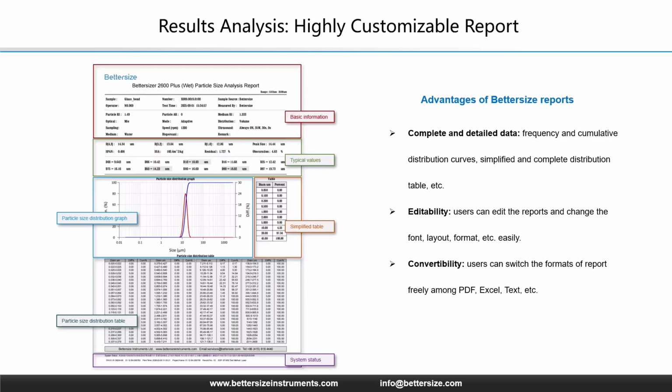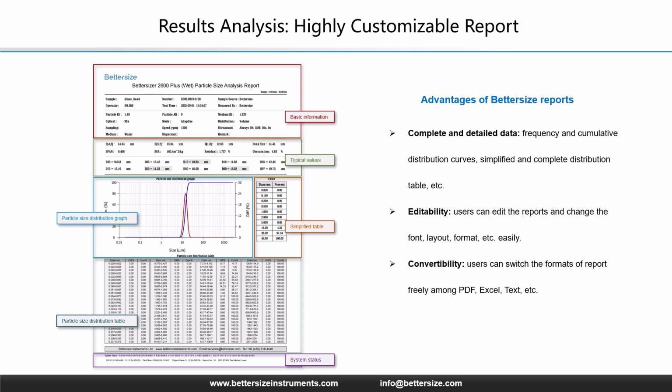A measurement is only as valuable as its presentation. Your R&D director needs raw statistical depth, while your shipping department needs a simple certificate of analysis. One rigid template cannot serve both. The 2600 Plus solves this with a fully editable report engine.